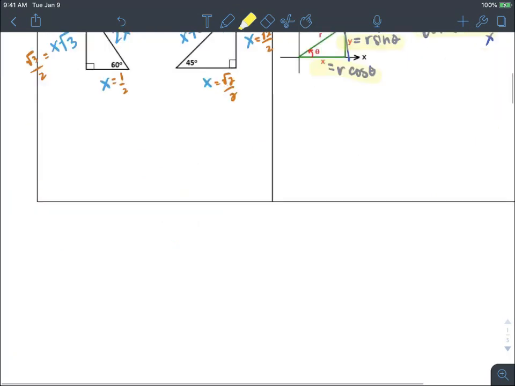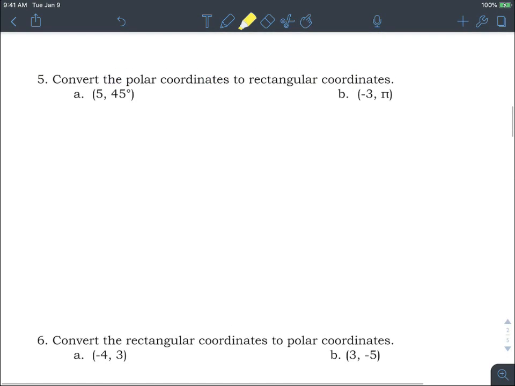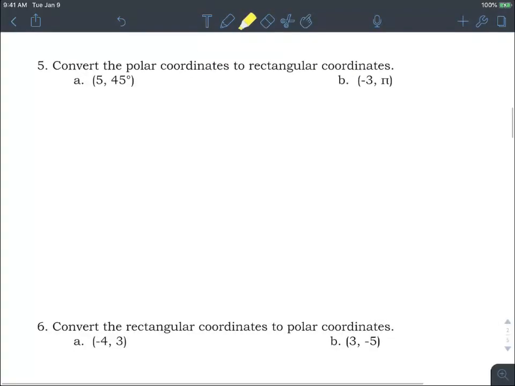Okay, so we're going to convert from polar coordinates to rectangular coordinates, so from in terms of r and theta to in terms of x and y. The 5 is the r, the 45 is the theta. So how do I change this point into an x comma y point?